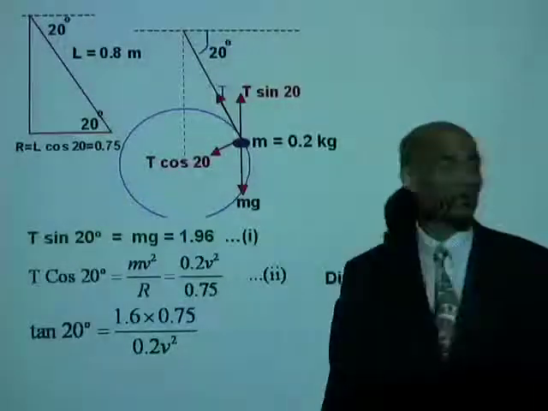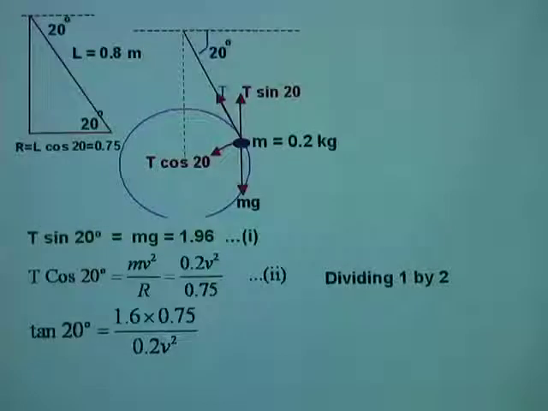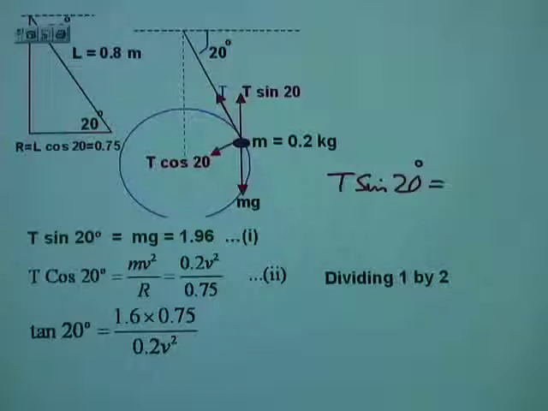And let me do that for you. So what I have done there is the left hand side of the first equation is T sine 20 degrees equal to 1.96, the first equation.